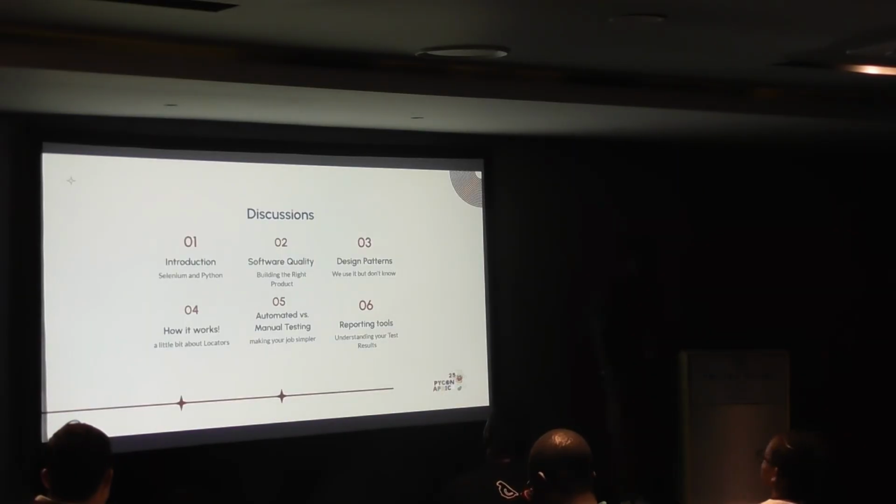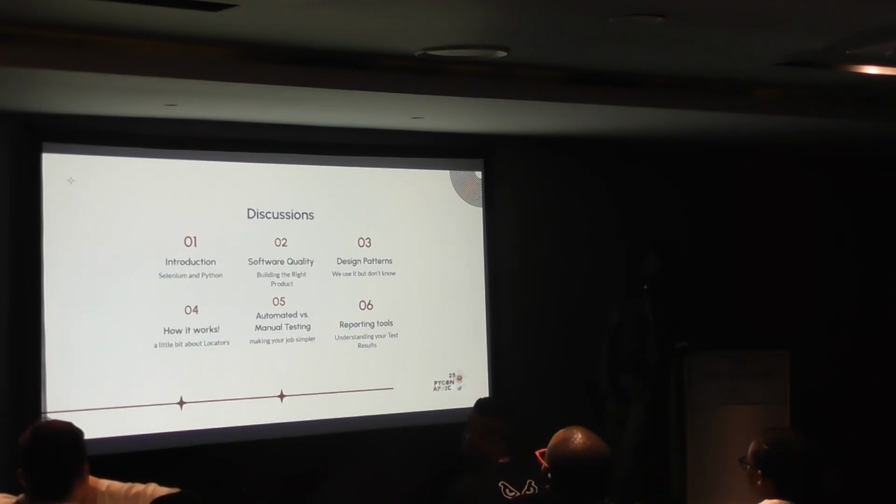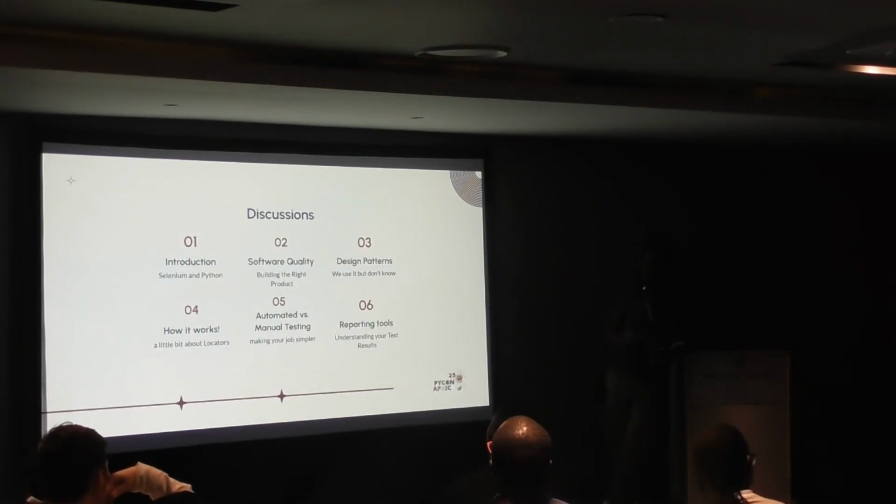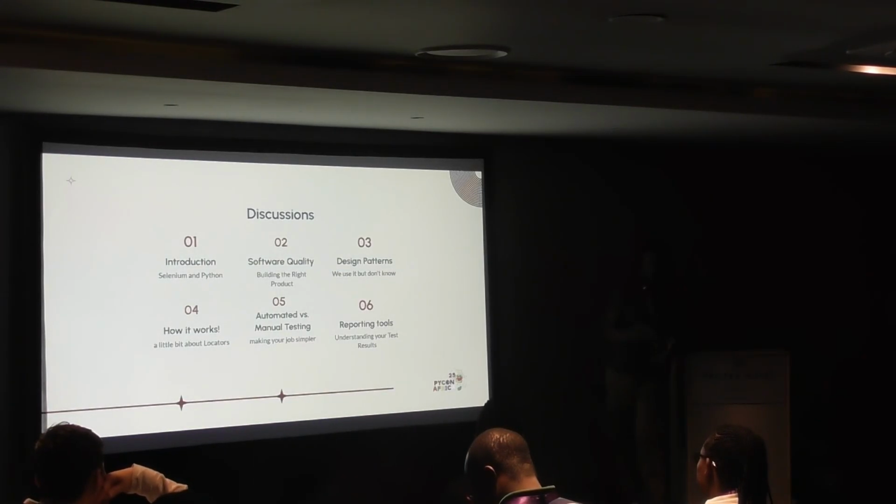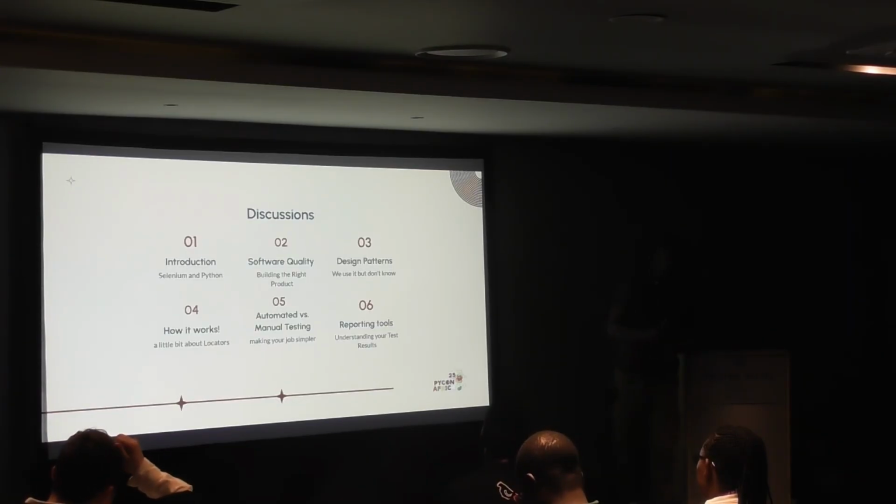I'll do a small introduction of Selenium and Python, and then I'll talk a bit about software quality, why it's important to test, and not only before release. Then I'll talk about design patterns you can use to create robust test automation frameworks and how they work.